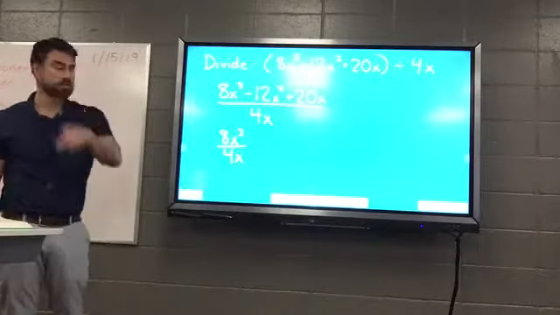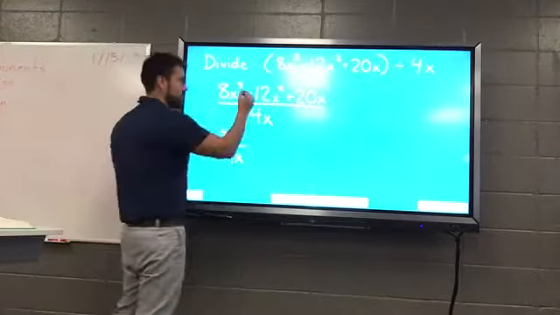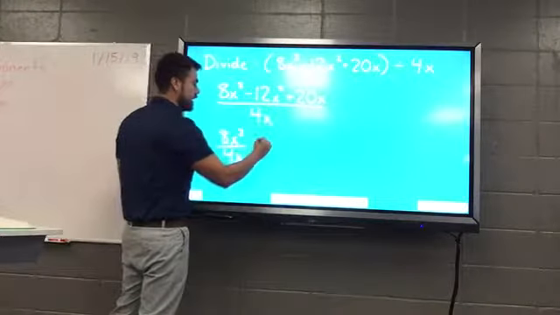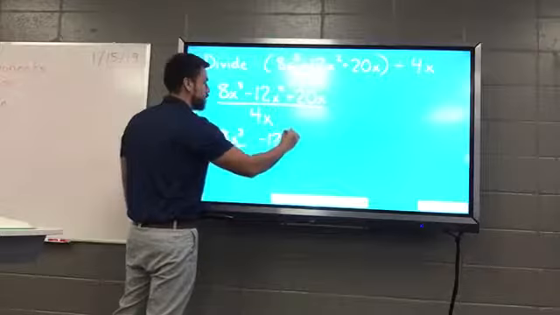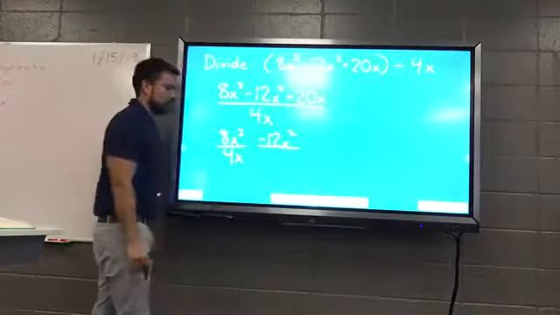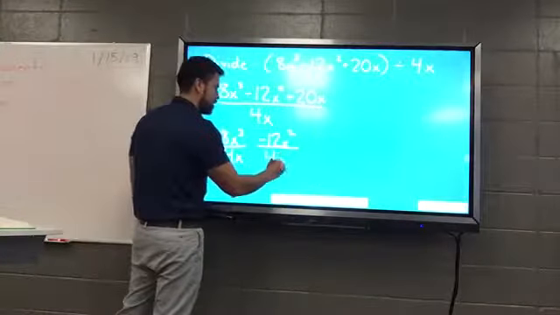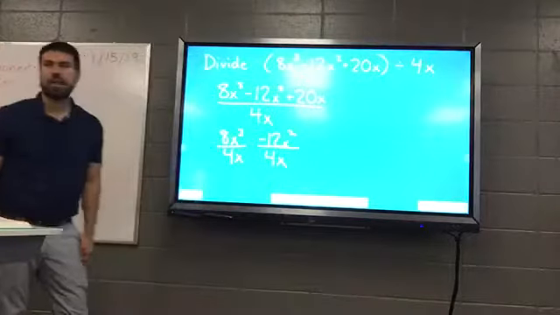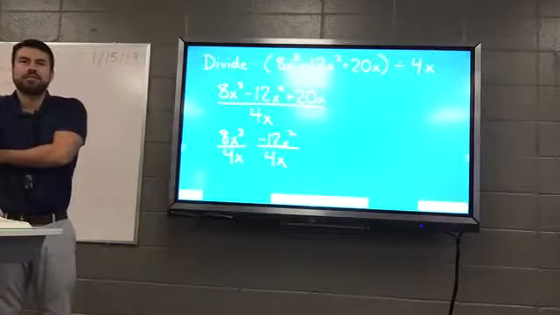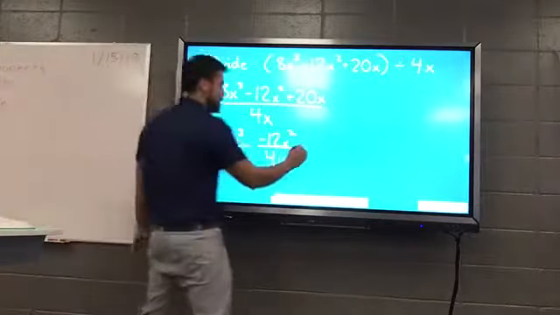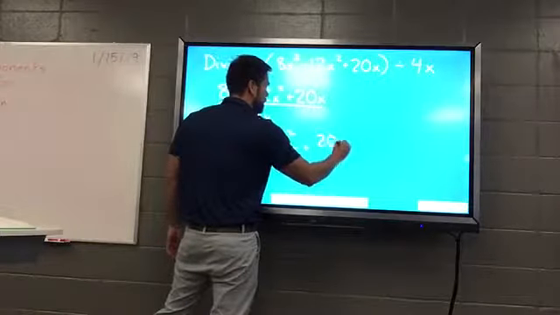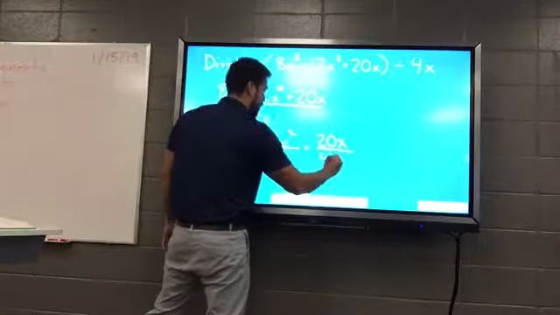That's one fraction. What's the second term? Negative 12x squared. What should I put that over? 4x. And then the last term is 20x, and you're going to divide that by 4x.